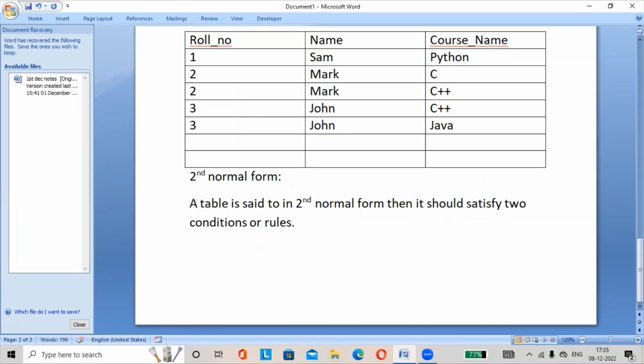So what is the first rule? Rule 1 states that the table should be in first normal form.